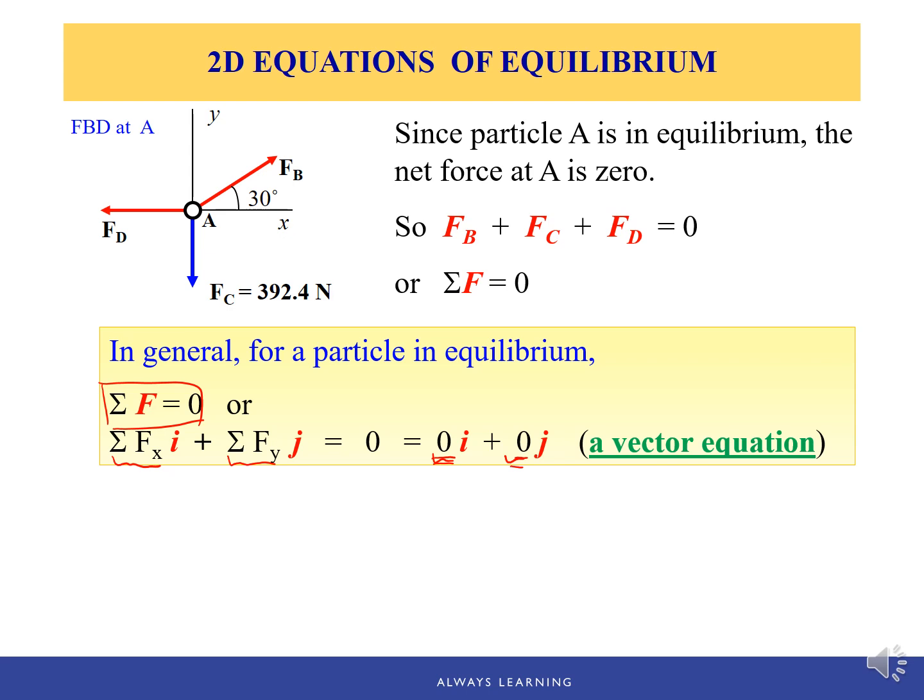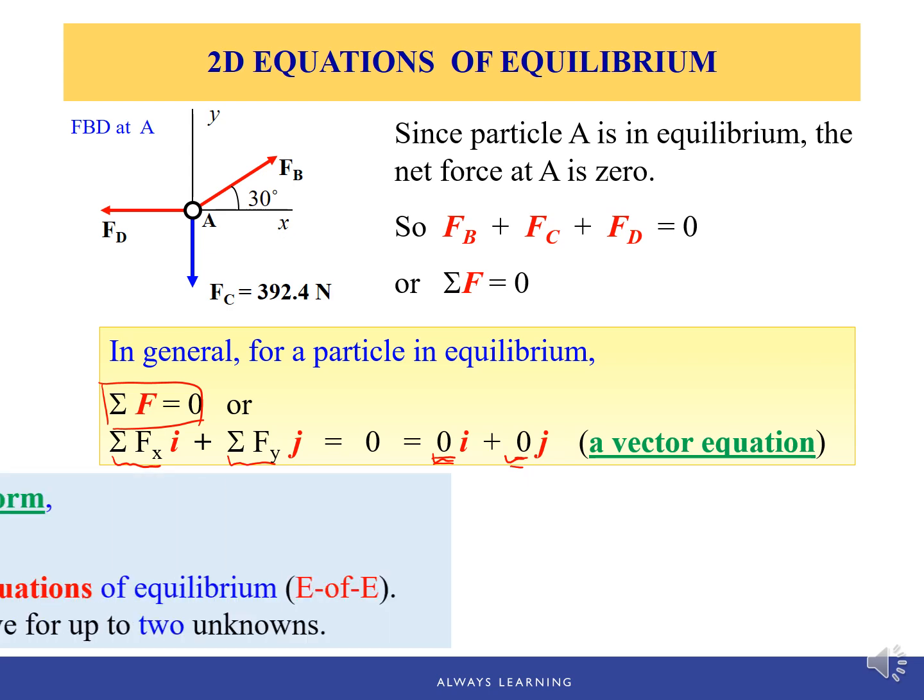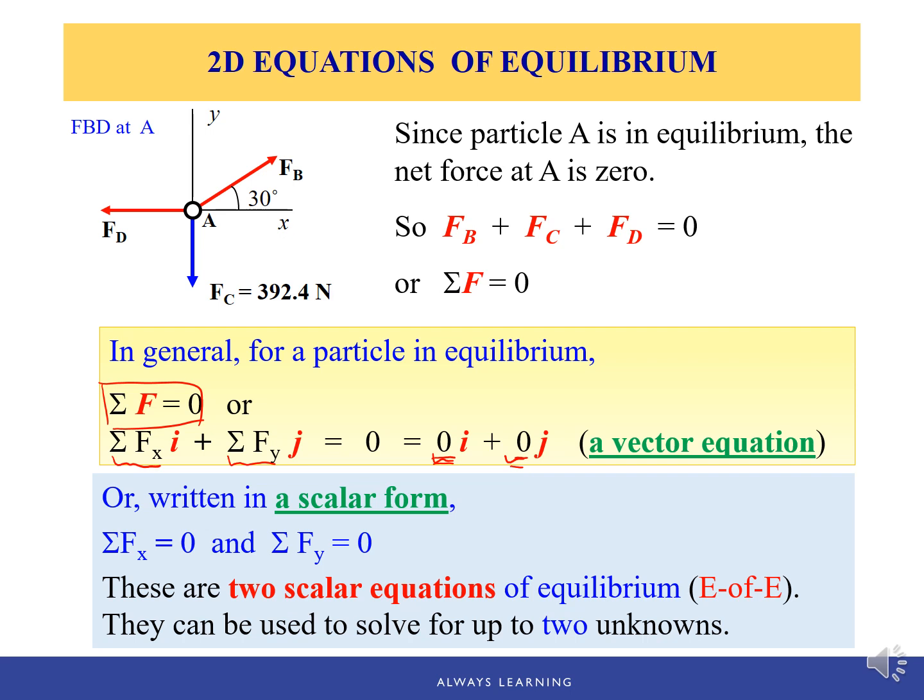solve for the unknown forces. But for 2D, we can also use the scalar approach, which is very similar to the vector approach, just that we don't need to use the i hat and j hat terms. Instead, we collect all of the forces in the x direction, and it should be 0.